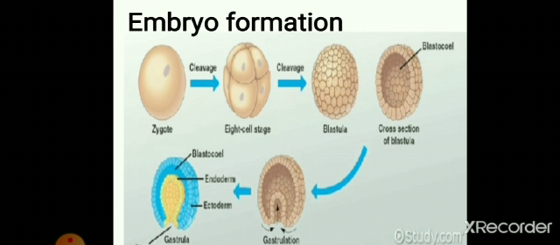Then the cells develop into different tissues and organs constituting the full body. This structure is known as embryo. The embryo continues to develop in the uterus and develops into body parts such as head, face, hands, legs, etc.